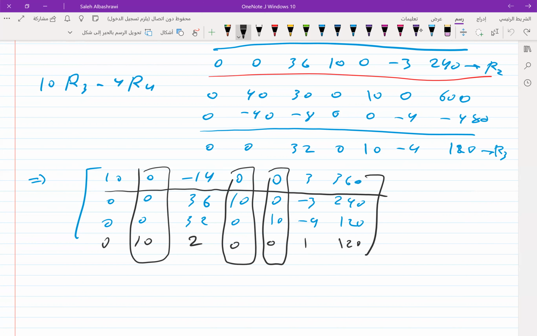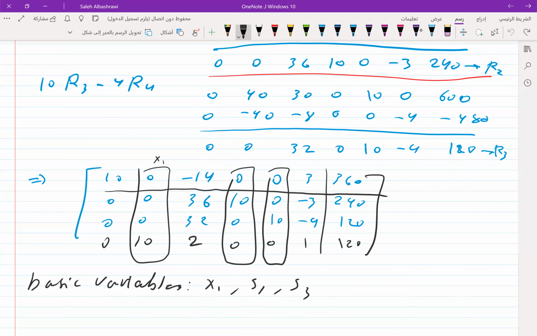We call these basic variables. I have x1, x2, s1, and s3.